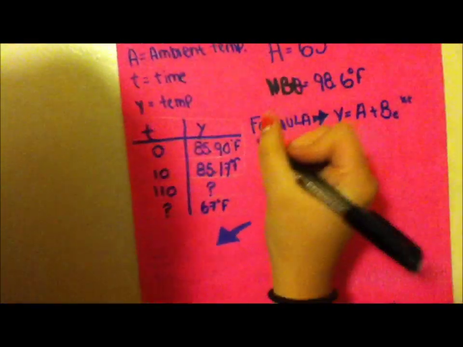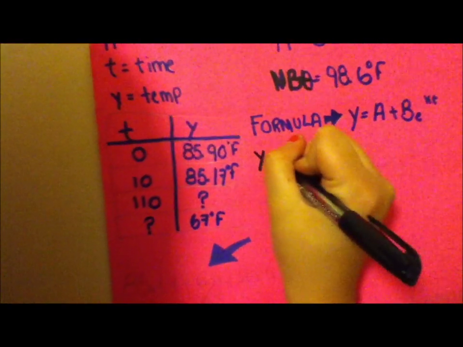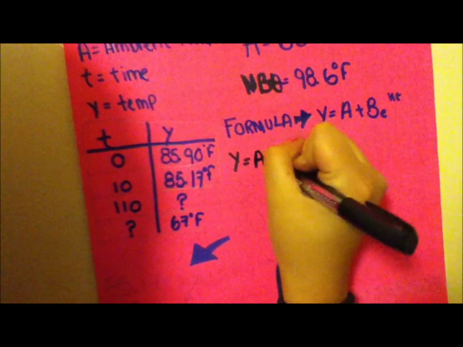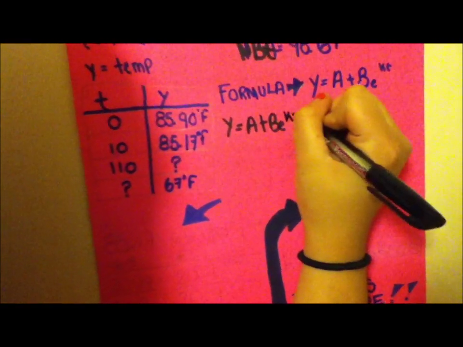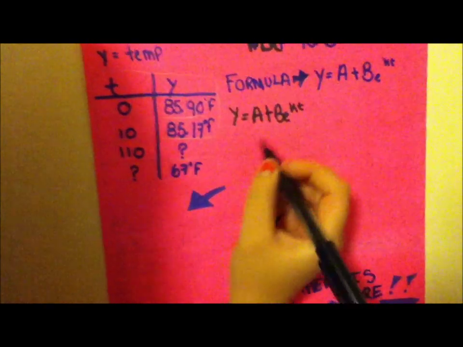Here, we start by writing our equation. Y equals A plus B e to the kT. We plug it in.